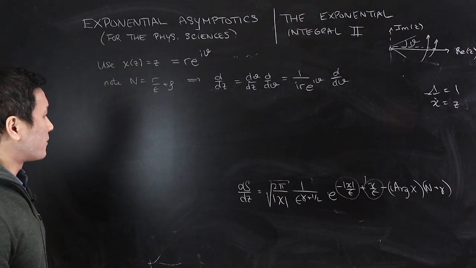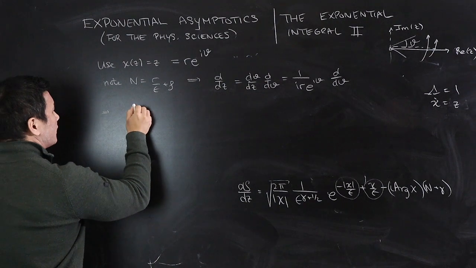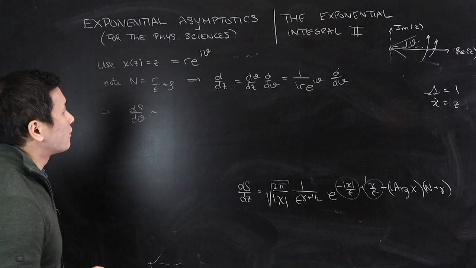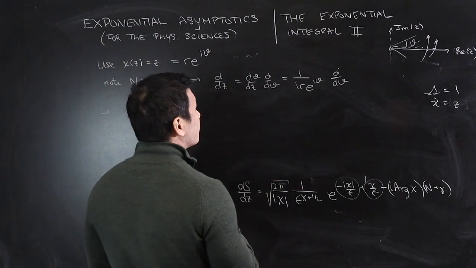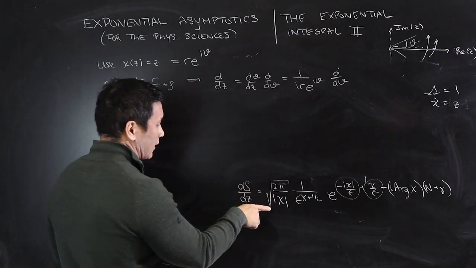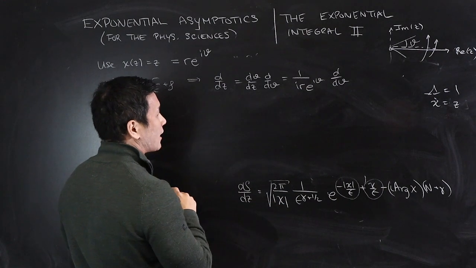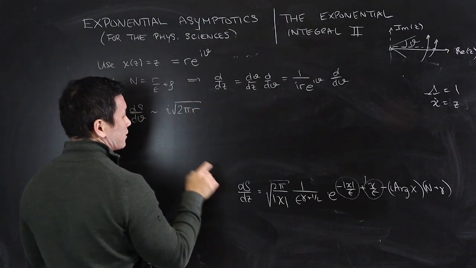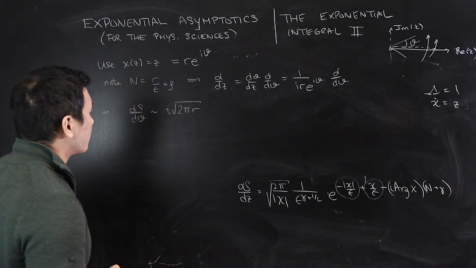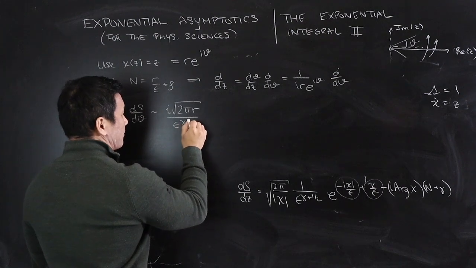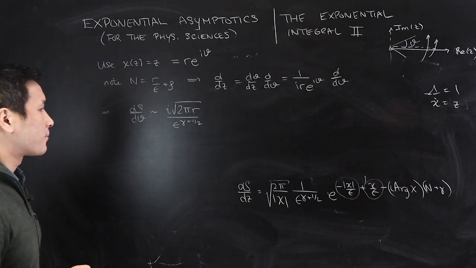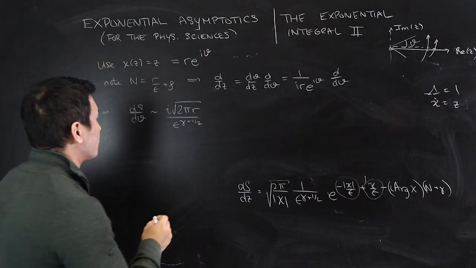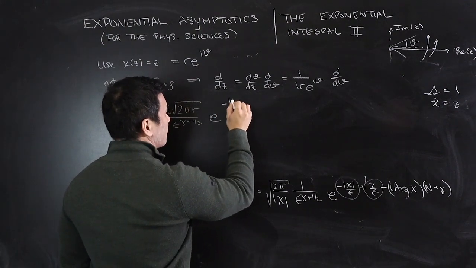Right? So if I put that in, I'm going to have ds d theta. I need to multiply this by I, multiply it by r, and this is a r to the minus 1/2 factor. So that should give me I root 2 pi times r, because remember mod chi is r, over epsilon to the gamma plus 1/2. And then let's just write our exponential. This is minus chi.